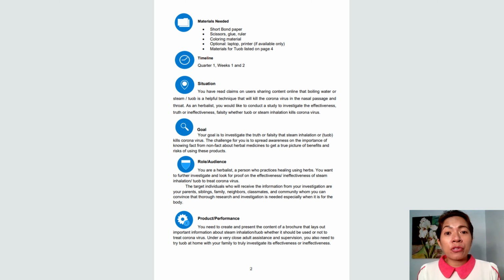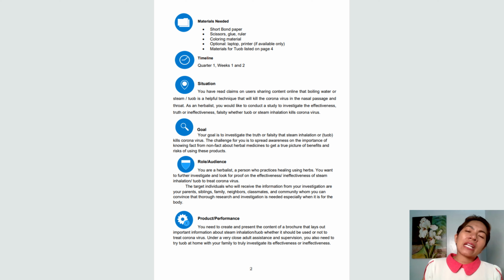So that's why we use GRASPS. That's really the reason behind it, because GRASPS will really teach our learners to become responsible and to imagine themselves to be what they want to be and who they want to be in the future.